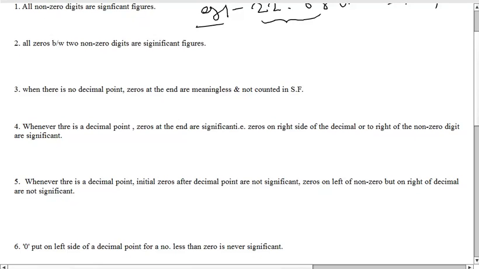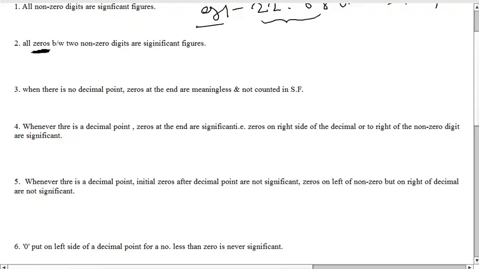Then the second part: all zeros between two non-zero digits are always significant figures. In this case, the decimal point will not matter, that is, the position of the decimal point. Only the zeros will make trouble, whether they are to be counted or not, so we will be very specific about these zeros.